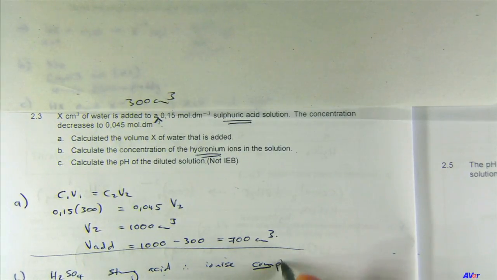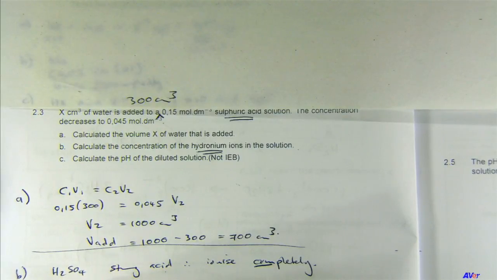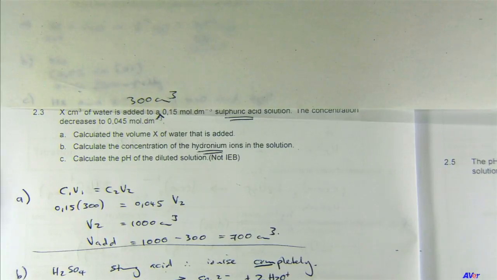And how does it ionize? It will ionize by giving off 2. So I will end up with SO4 2- and 2 H3O+. And that shows that the H2SO4 to H3O+ ratio is 1:2.